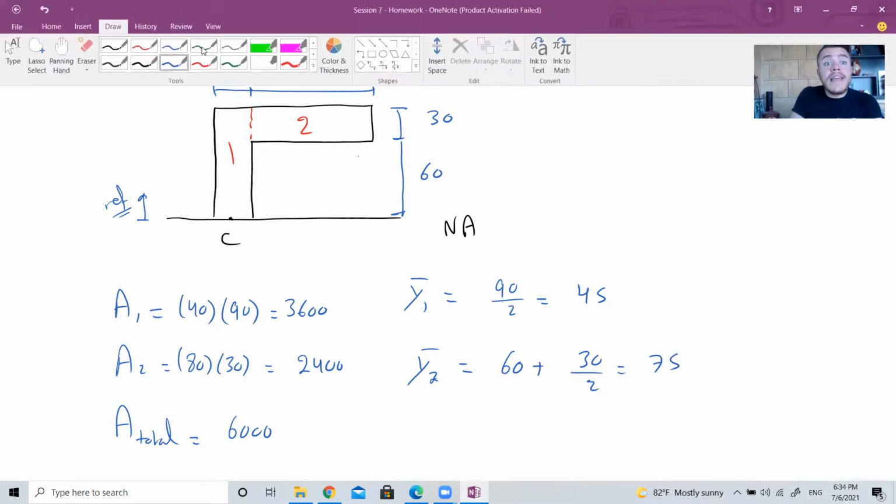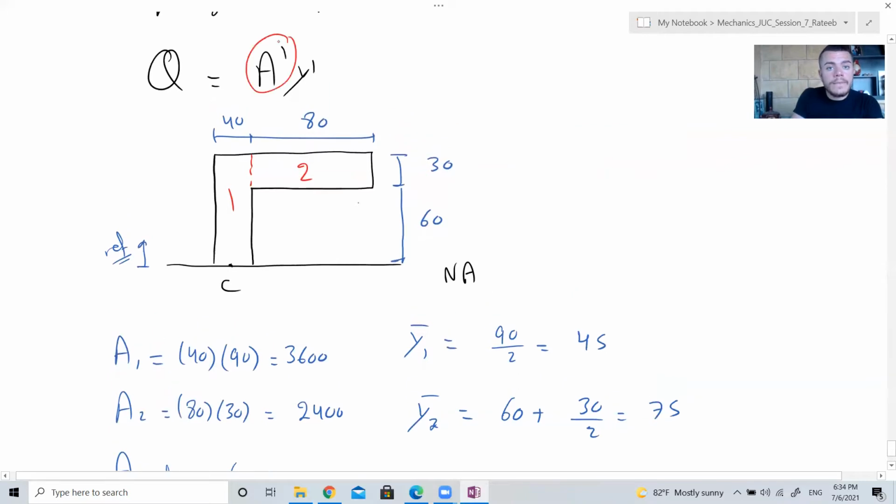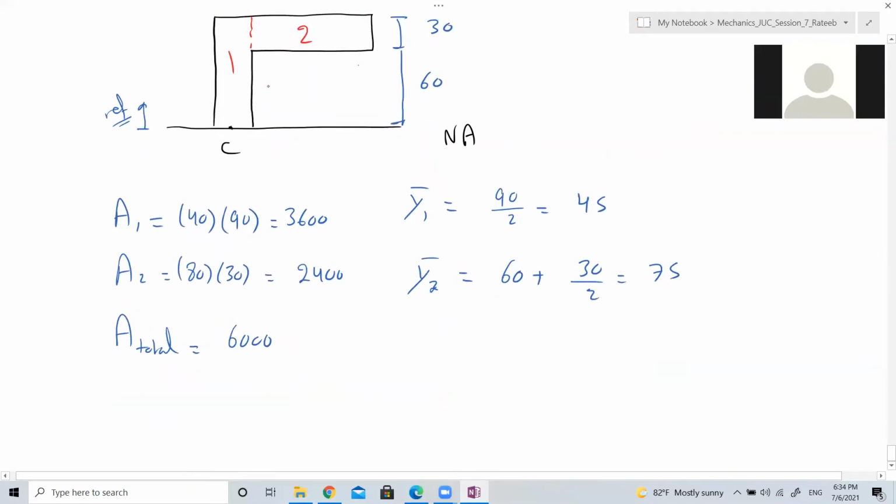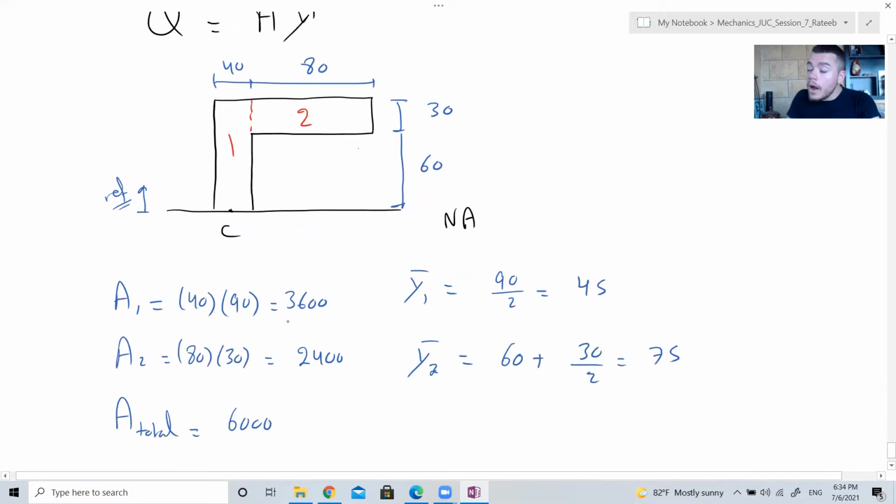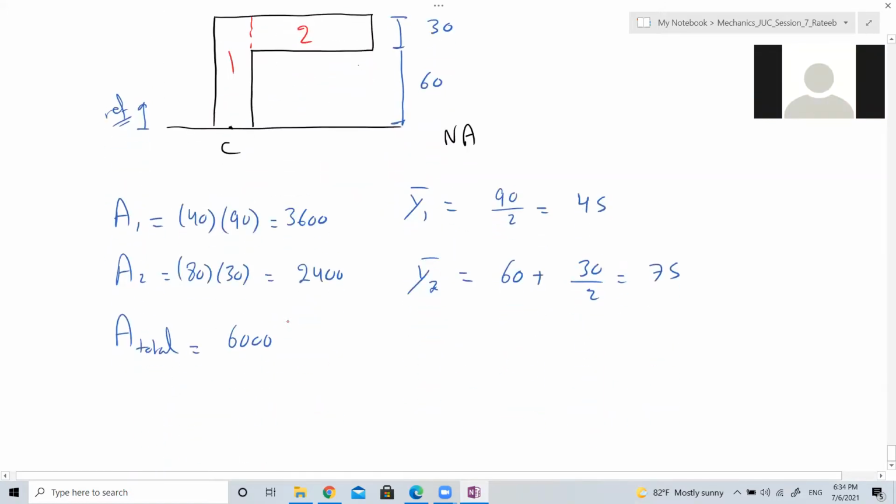Now what is area prime, this one? It is the total area, equal to 6000.